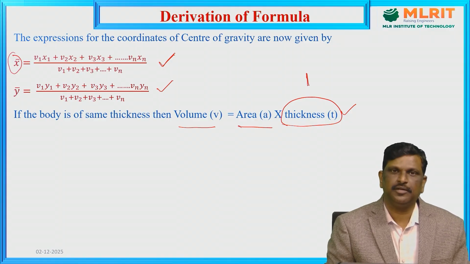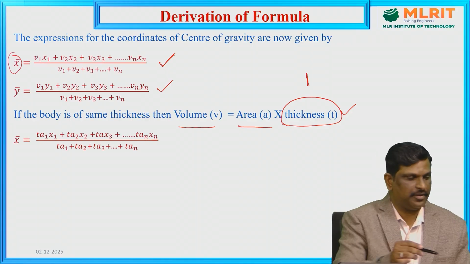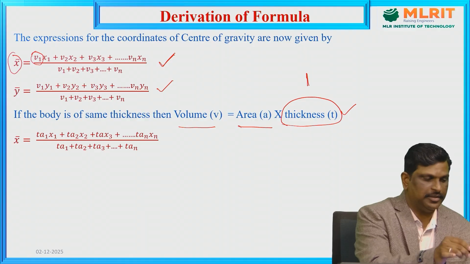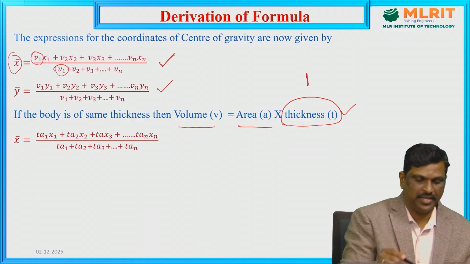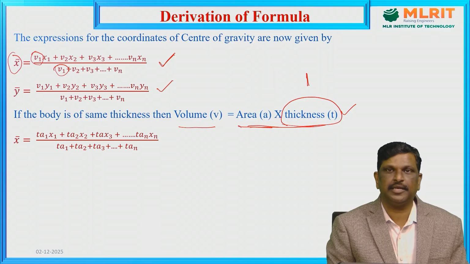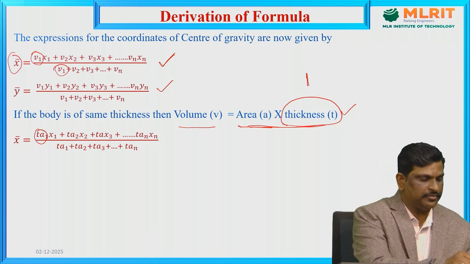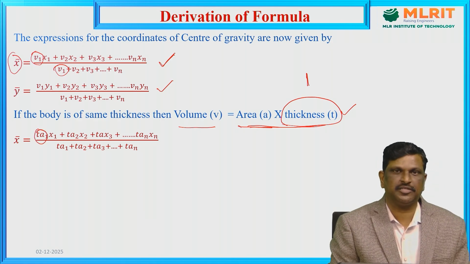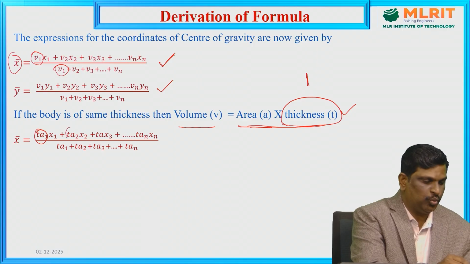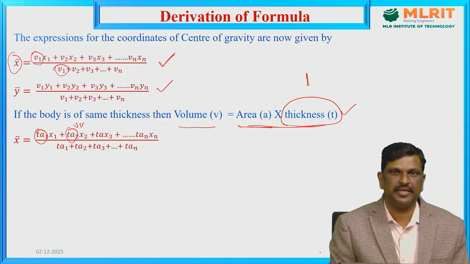Now replace the volume terms in the equation by area into thickness, and here I am considering the thickness of the body is constant throughout. Therefore T into A1 is nothing but our V1, and T into A2 is V2. Now I am replacing all the volumes by thickness into area.